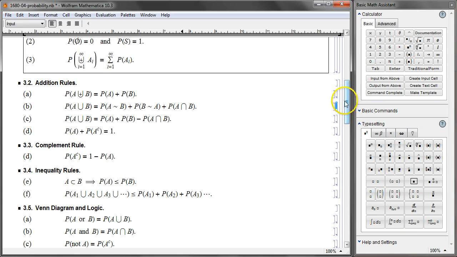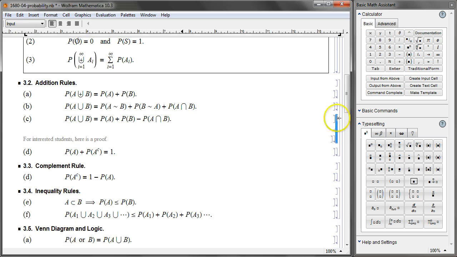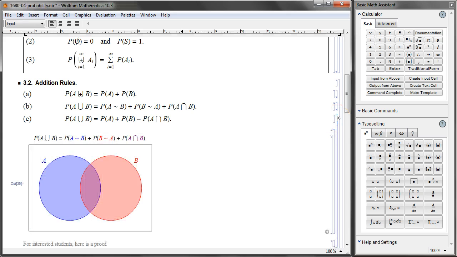Another way to view the same thing is this way. What is the probability of A? That's the probability of A not B, which is this blue crescent region, plus the intersection, probability of A and B, this purple region. What is the probability of B?